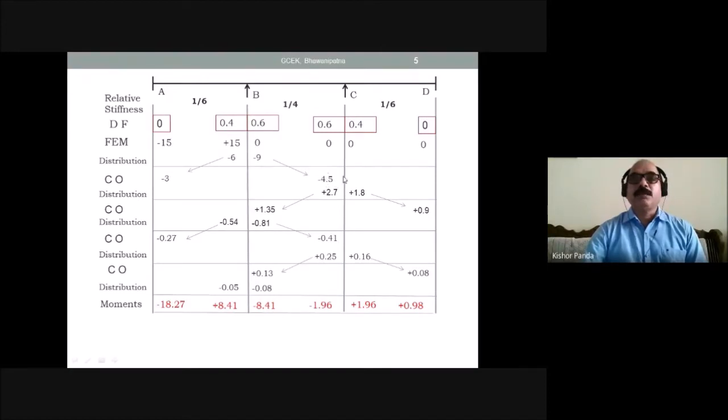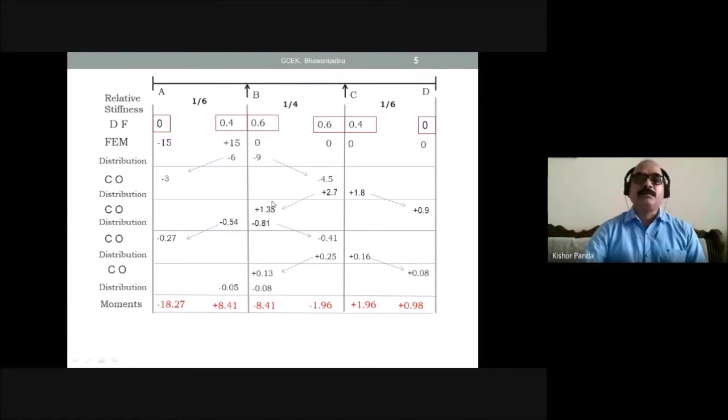So this moment you have to distribute to CB and CD by multiplying with the corresponding distribution factor. So here 4.5 into 0.6, this is 2.7, because this is negative, you have to put a positive sign, plus 2.7. And here also 4.5 into 0.4 is equal to 1.8 in positive sign. So this is the distribution or balancing of the unbalanced moment.